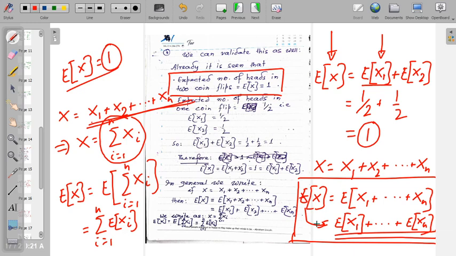Linear properties. Are you studying in the class? In the hostel? After going back, what are you doing? Last bench, are you getting?